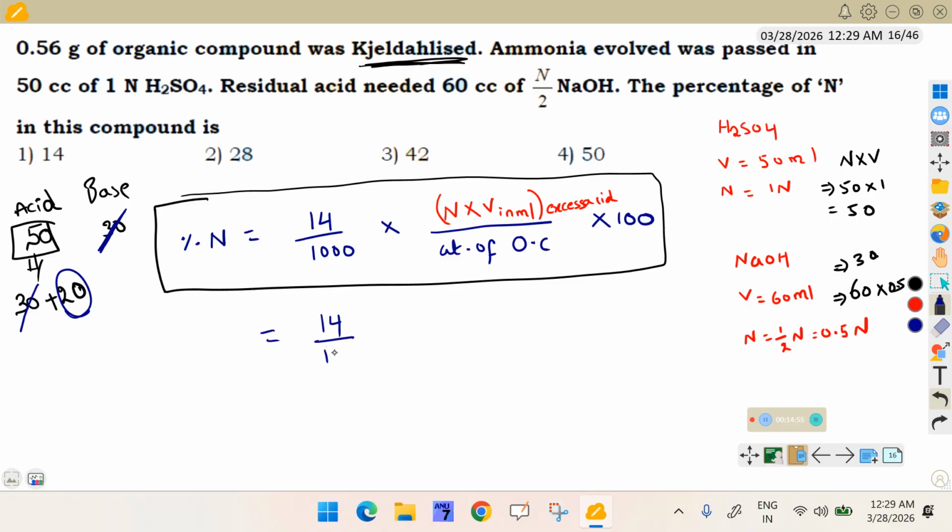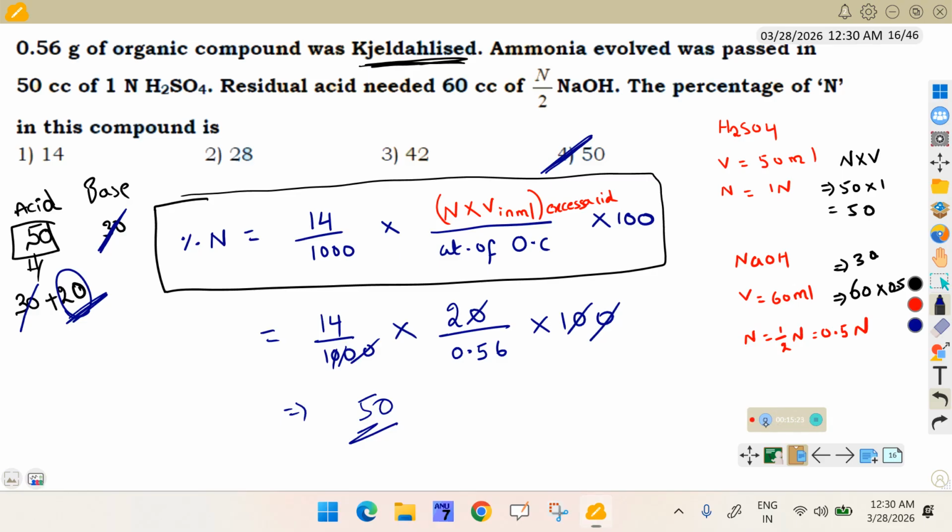So 14 by 1000 into normality into volume, how much is excess? 20, by the weight of the organic compound 0.56, into 100. The zeros cancel. 28 divided by 0.56, then you will get the answer 50. Percentage of nitrogen.